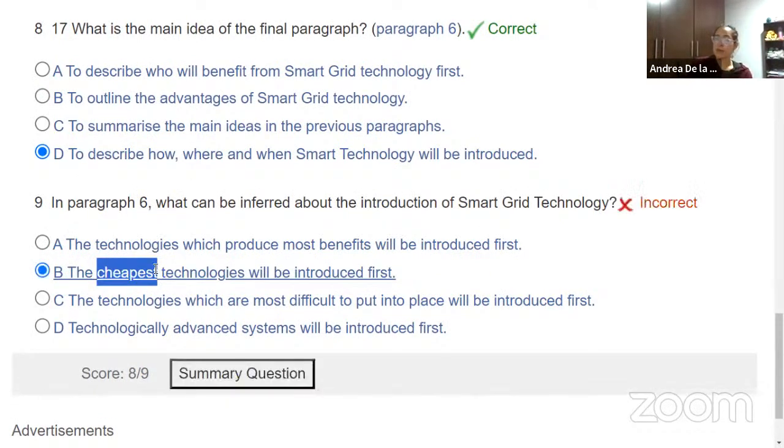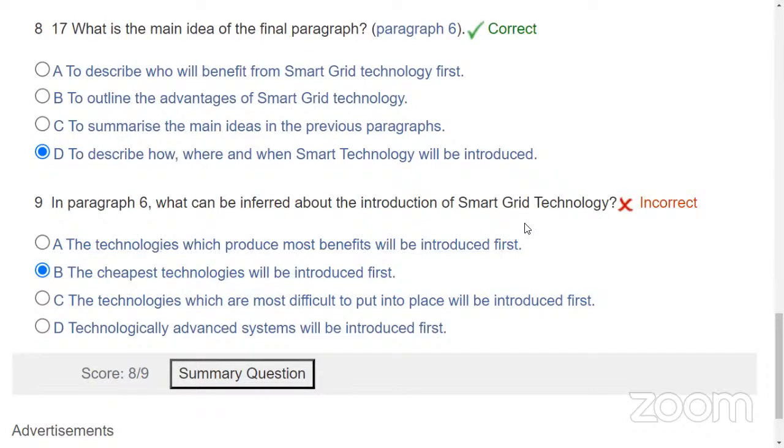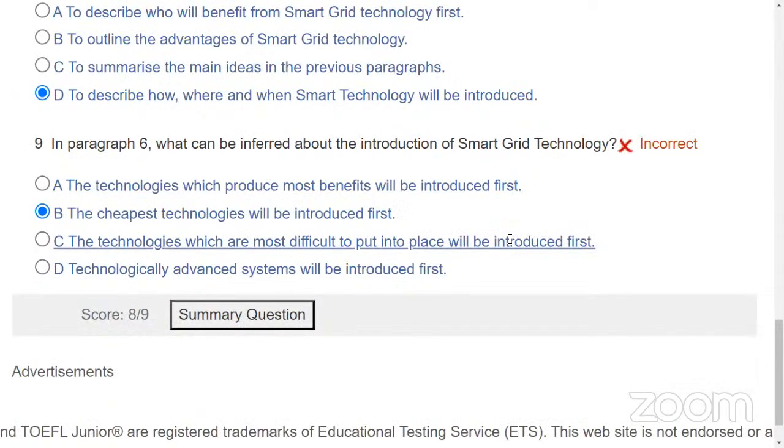How do you know that it's about the price? Or what tells you that the cheapest ones will be introduced first? For me, it's more like a discarding because first it says the quick methods will be first, and then the most difficult technologies or the advanced systems. So the C and D, it's not.